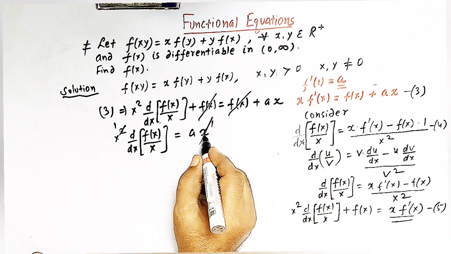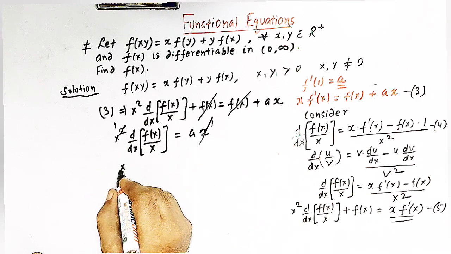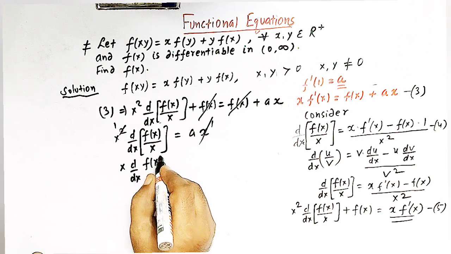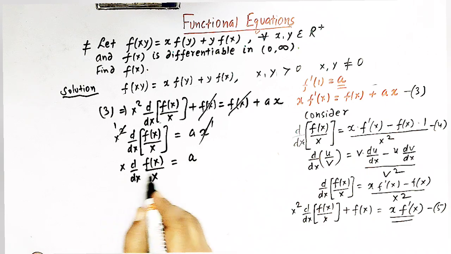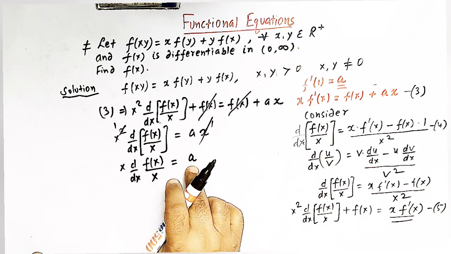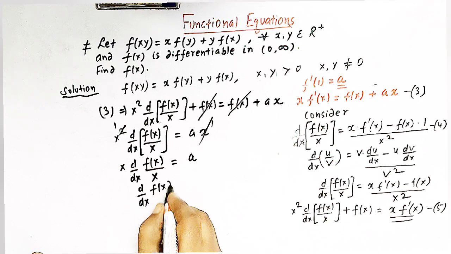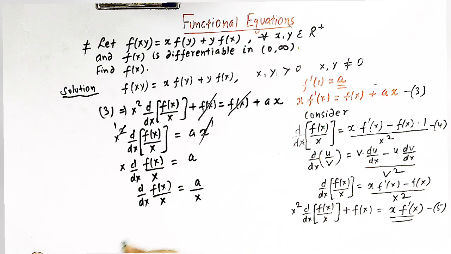So we can cancel this x with this one. So we are now left with x d/dx of f of x over x is equal to a. Now taking this x to the denominator of a, we have d/dx of f of x over x is equal to a over x.